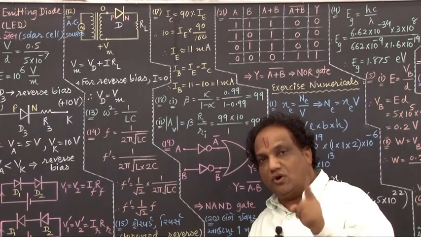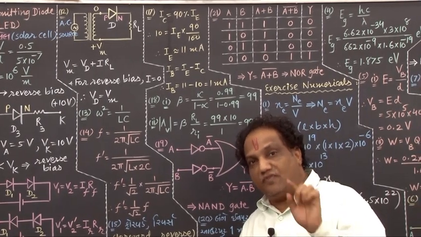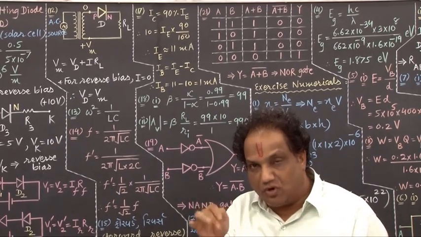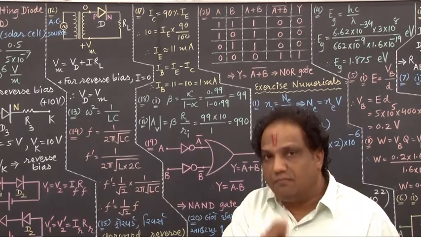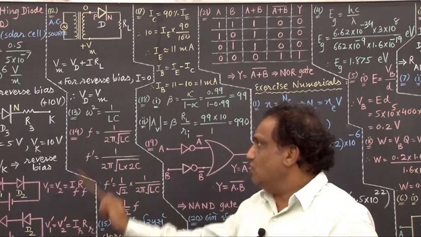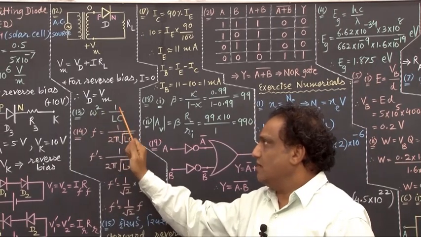In case of LC oscillations, we used to find out the frequency, and that frequency is found from the formula f equals 1 upon 2 pi into under root LC. But from that you can find out omega, and from that you can find out omega square. You will get this one. Omega square equals 1 upon LC.